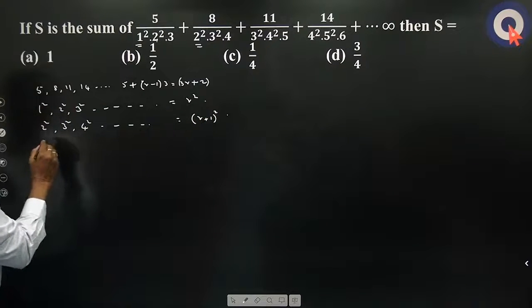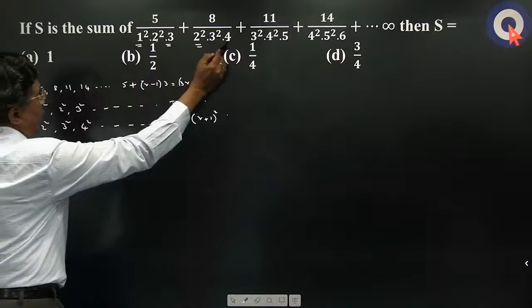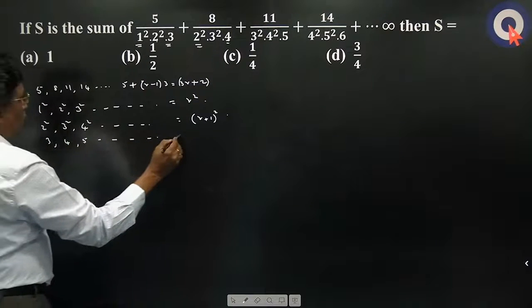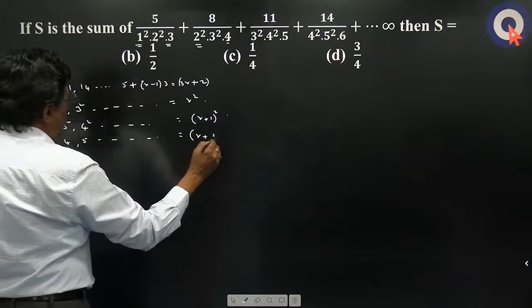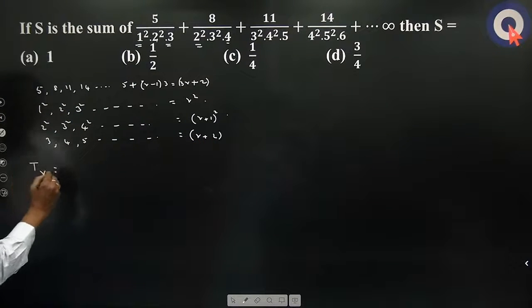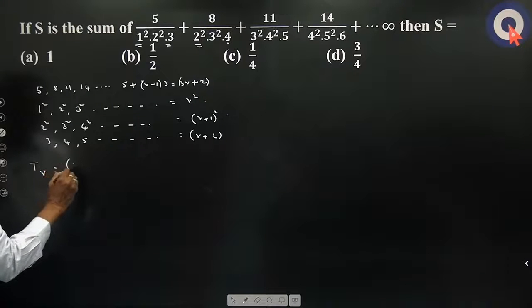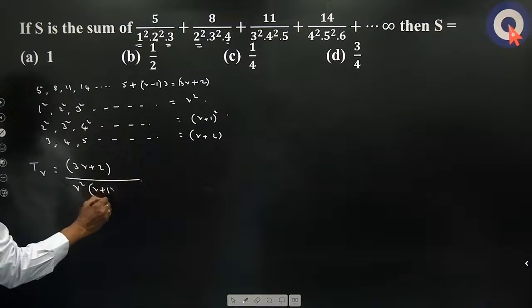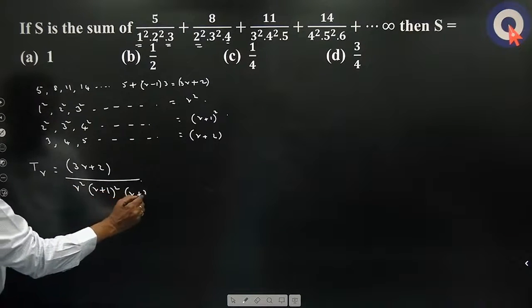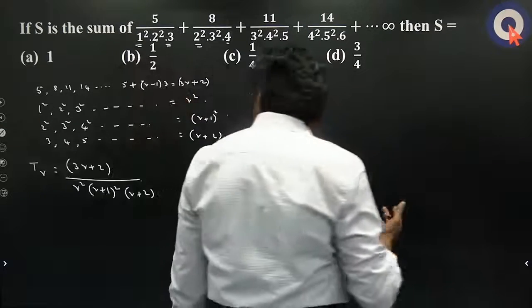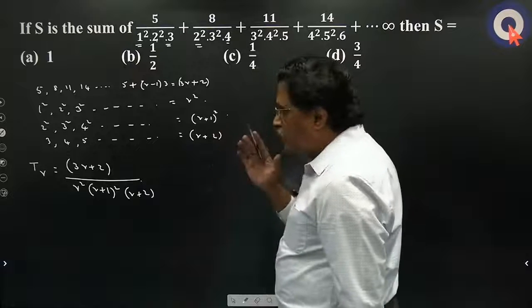Now, these factors 3, 4, 5 and so on. So when it comes to the rth term, it has to be r plus 2. So therefore, Tr has to be 3r plus 2 by r square into r plus 1 whole square into r plus 2. Now, the only step that is really relevant here, that's important, is the way you split this.